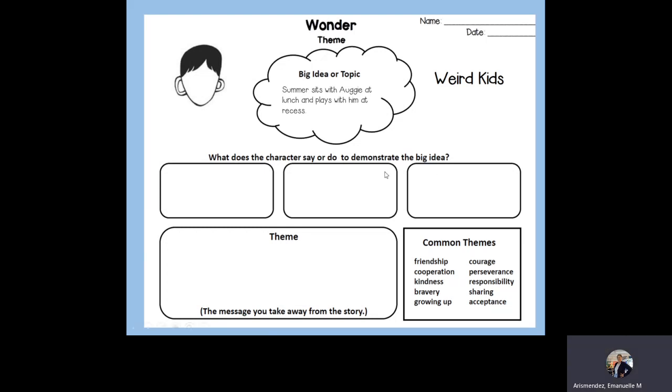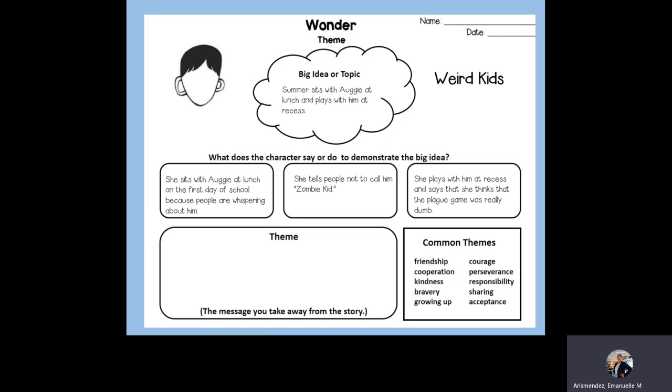So what does the character say or do to demonstrate this big idea? Well, she sits with Augie at lunch on the first day of school because people are whispering about him. She also tells people not to call him Zombie Kid. And she plays with him at recess and says that she thinks that the plague game was really dumb.